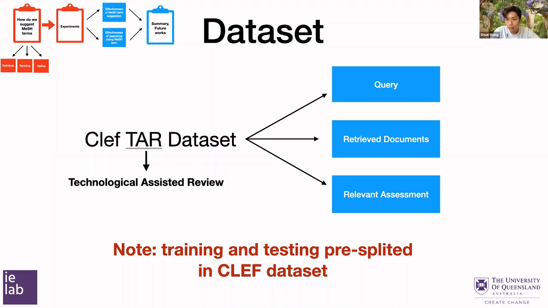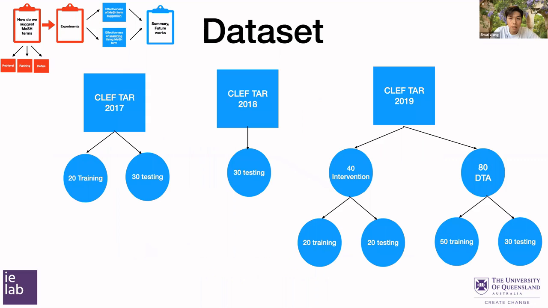Furthermore, in the Cliff-Tar dataset, we have the pre-split training and testing portions so that we can directly use them in our experiments. Cliff-Tar datasets are published each year as a benchmark competition to help build more effective and efficient systematic reviews. In our experiments, we will use the Cliff-Tar datasets from year 2017, 2018, and 2019.